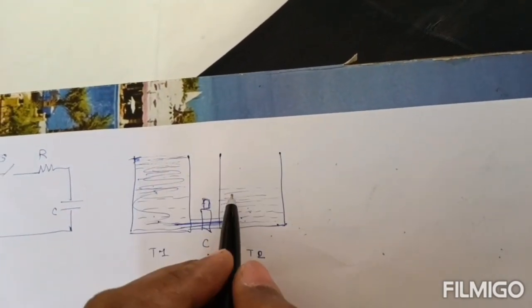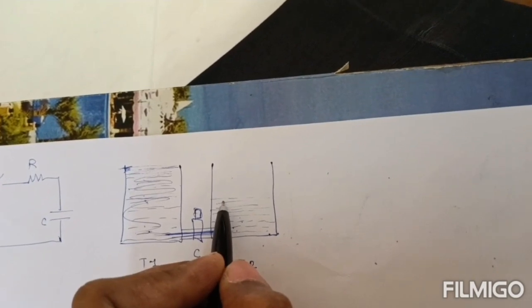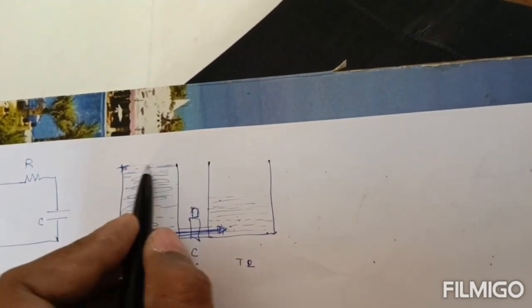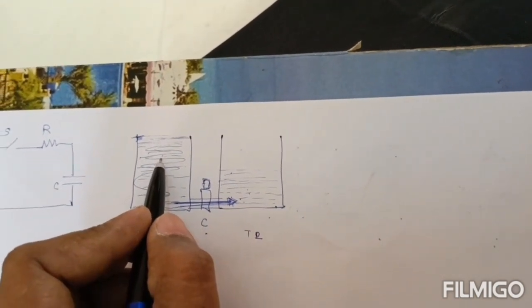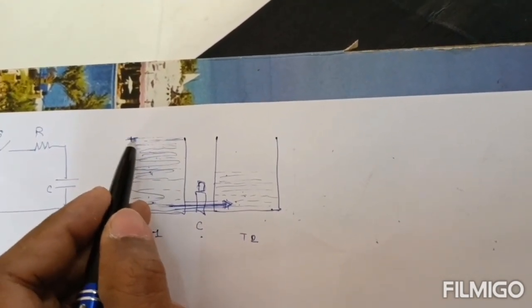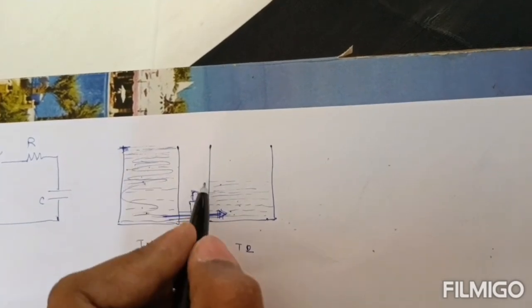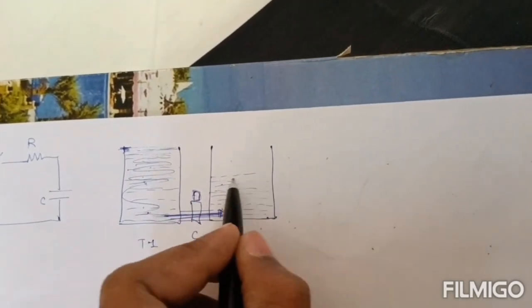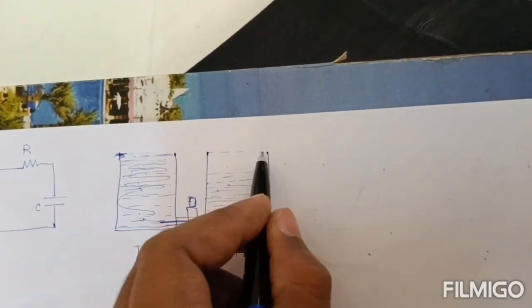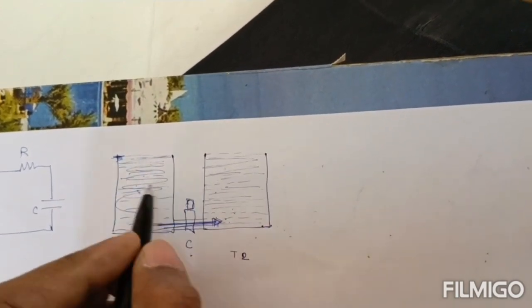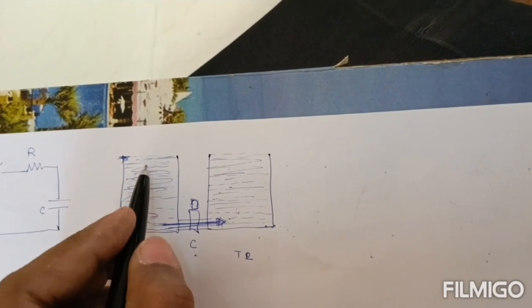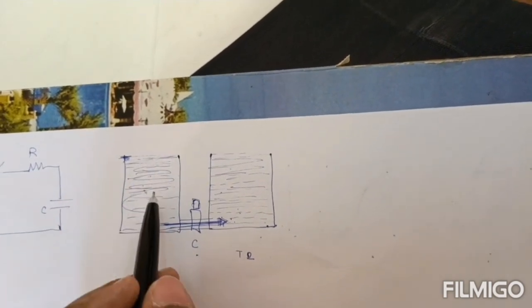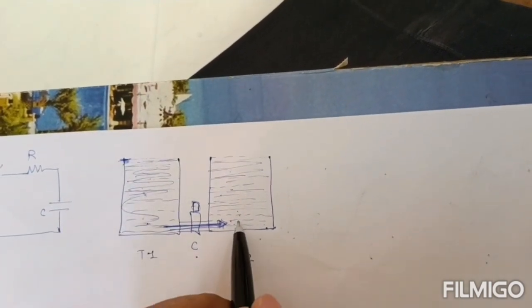Now up to what level will this water rise? Up to this level, because we have considered that this particular tank has a constant level of water. So gradually the water level will increase up to this level. After that there is no difference of potential of the water, so water will not flow from this tank to this.